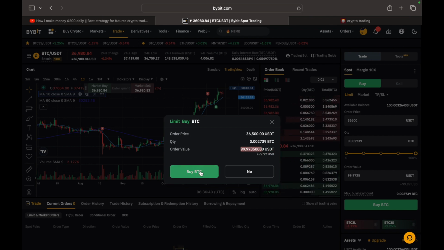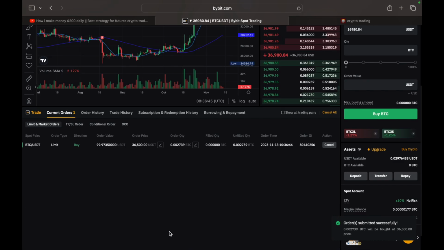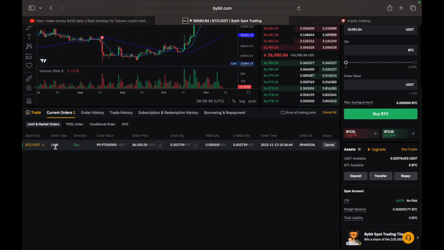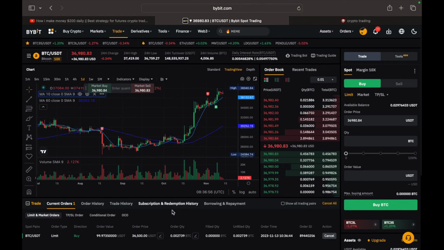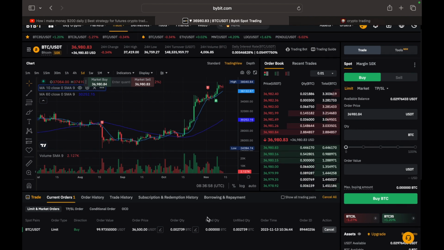Okay, so if I click buy, you're going to see that I'm going to have a current order right now. This is called the order book. I placed my order right here in an order book. So if the price of Bitcoin drops to 36,500, this order is going to get executed and I'm going to have some Bitcoin in my wallet. Right now, as you can see, the price of Bitcoin has not reached 36,500.